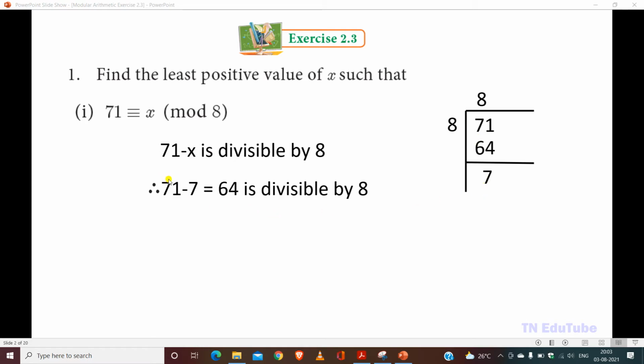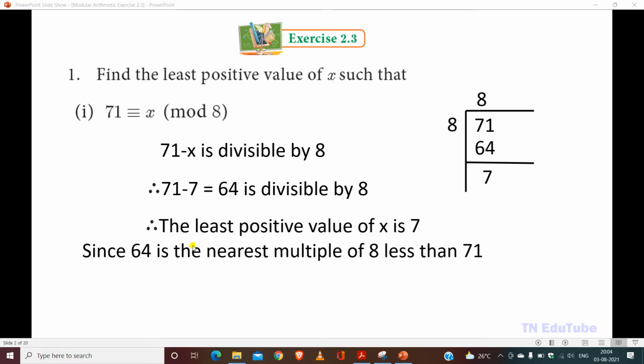So you have to subtract 7 from 71, because here it is a minus sign. Subtracting 7 from 71, you get 64. We know 64 is divisible by 8. So the least positive value of x is 7.